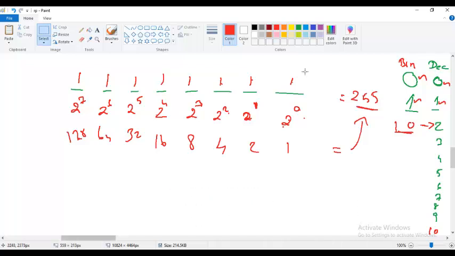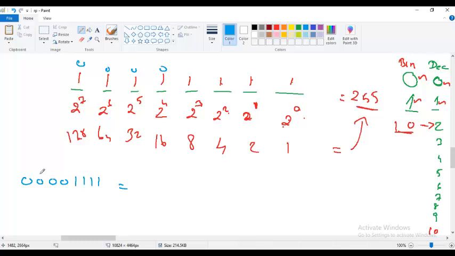Which means this is 0, this is 0, this is 0, this is 0. What is the answer? 15. Right. Good.